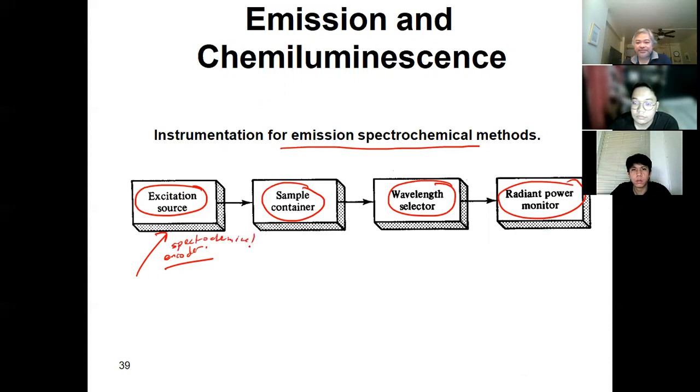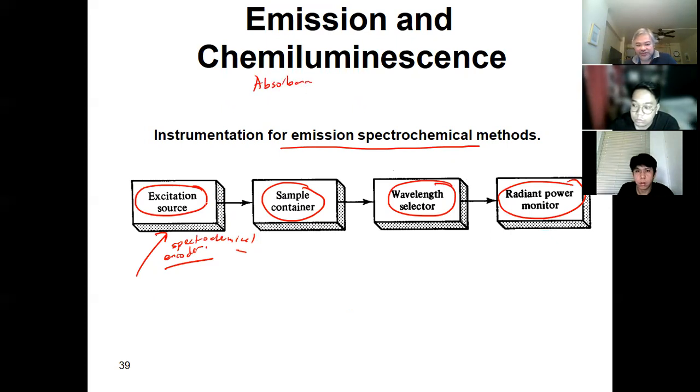Why? Bakit siya yung tinatawag nating encoder? Because some samples will just excite at a certain wavelength. So pag mali yung excitation wavelength dito, yung source, mali yung makukuha mong light source. Okay? So the excitation here, this is just similar to what? Absorbance.